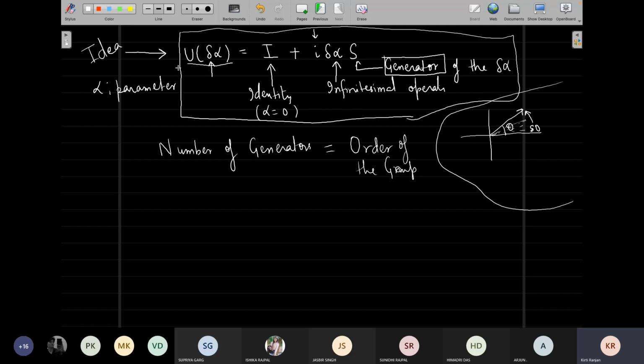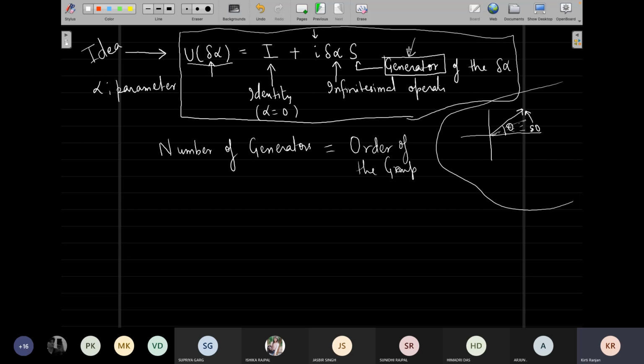So Lie ultimately tried to write down this because what he did later, that generators themselves make their own vector spaces, generators themselves have their own generator algebra, and you can understand all the things related with this group U(delta alpha) just by studying the properties of these generators.